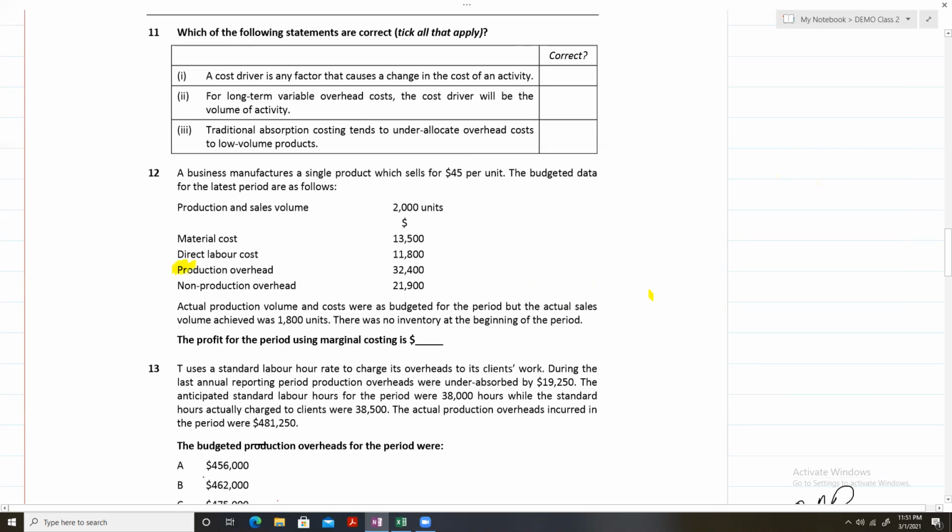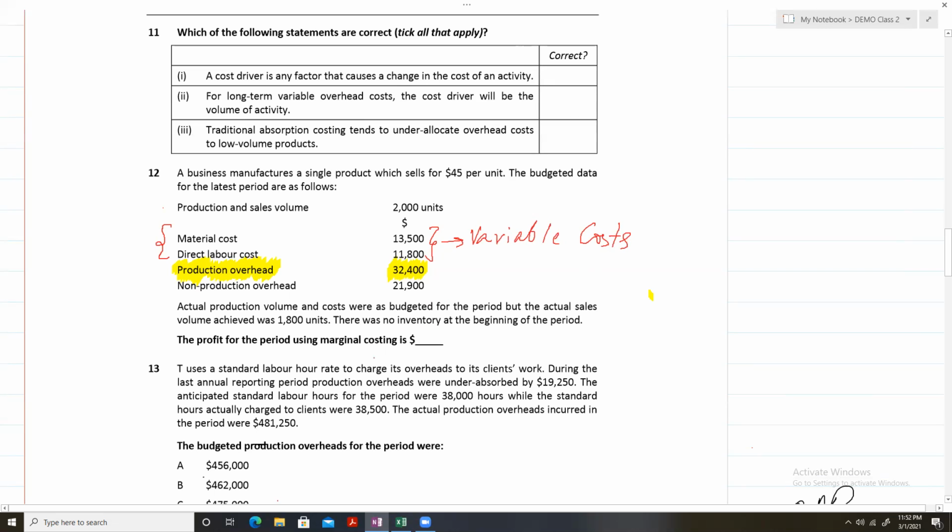We are not given any information about its variability. But it is quite obvious that these two, the material cost and the labor cost, are the variable costs.